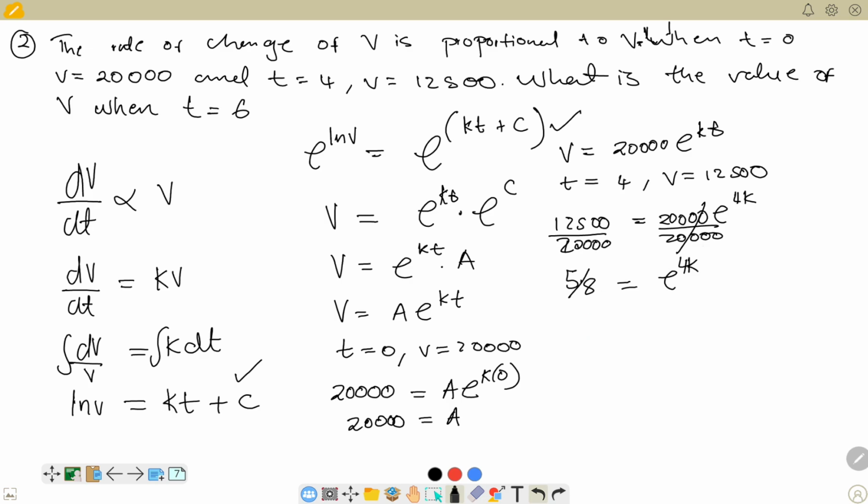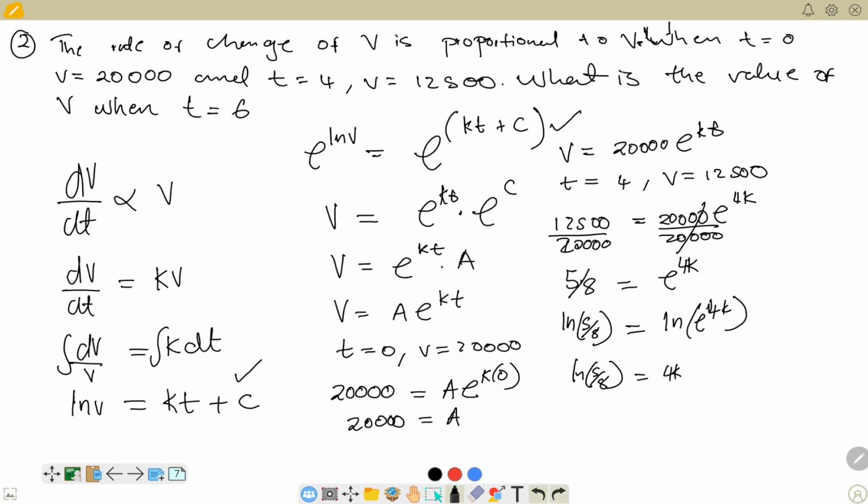Then we will introduce ln. ln 5/8 is equal to ln of e to the power 4k. Because we have introduced the ln, we can actually bring down that exponent. So this is going to be ln 5/8 equals 4k ln e. ln e is 1, so we just ignore it.